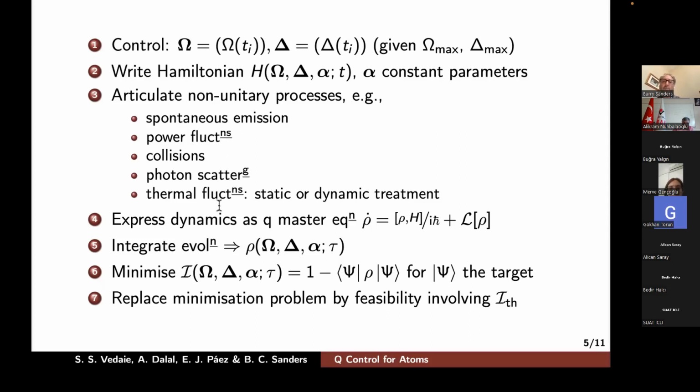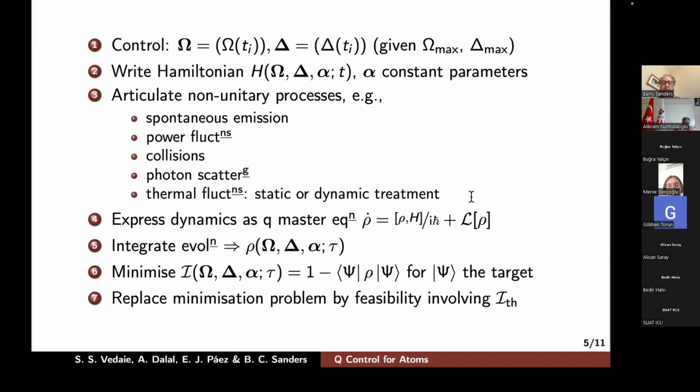We can ignore them. And for thermal fluctuations, for the case of the ions, we treat it within the master equation. For neutral atoms, we treat it statically, where we assume just random positioning of the atoms over some distribution. And so we do an averaging after. So the way we treat non-unitary processes differs depending on the system.